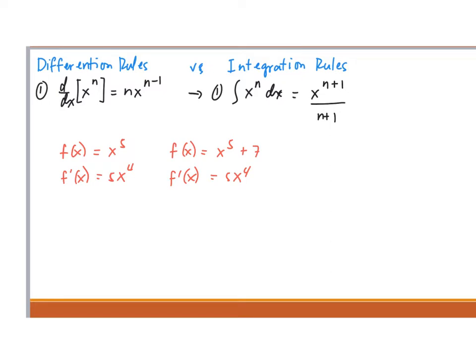So when we are given that f prime of x is equal to, say, ax to the power of n, it is possible that the function f of x is just x to the power of n. It's also possible that it's x to the power of n plus some constant.